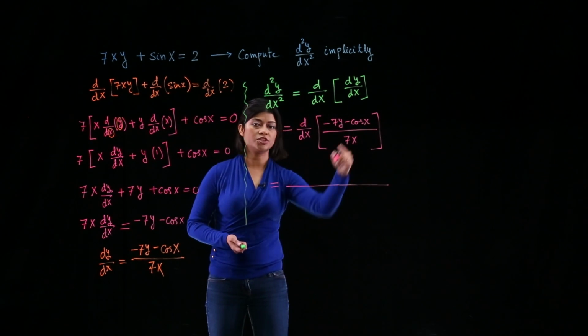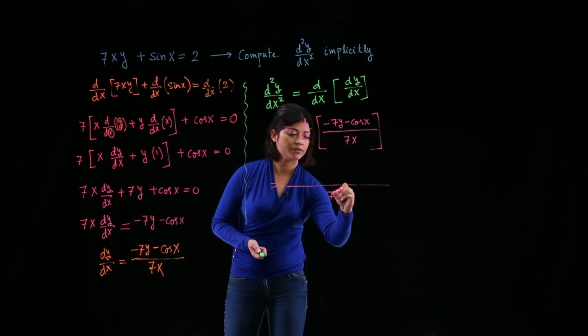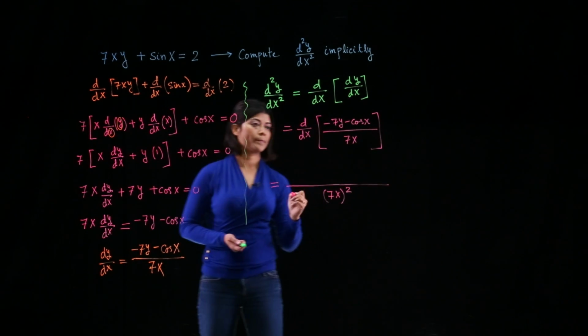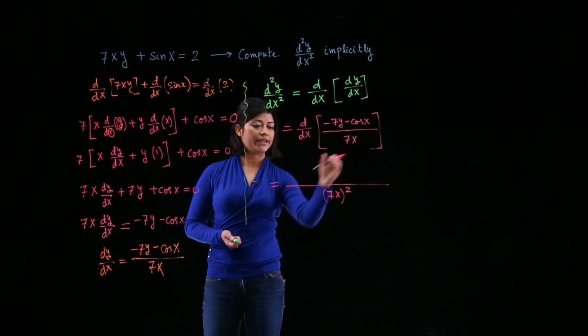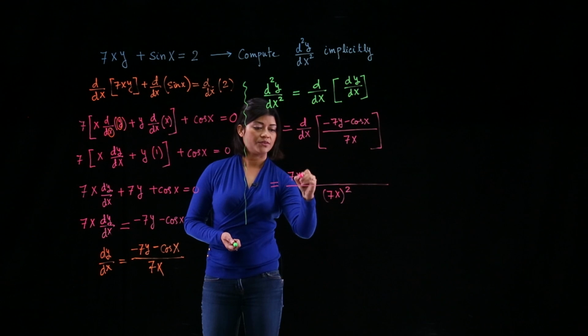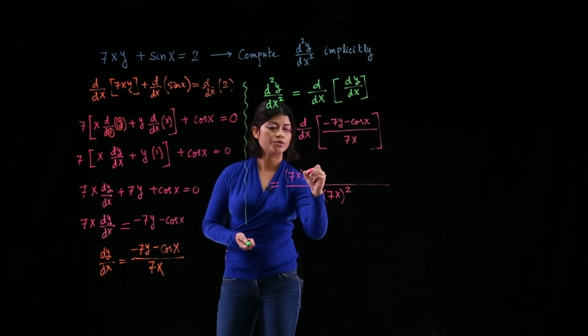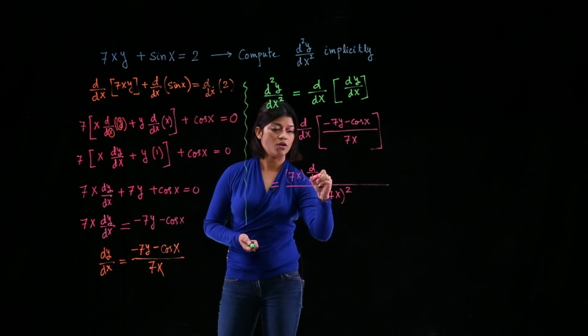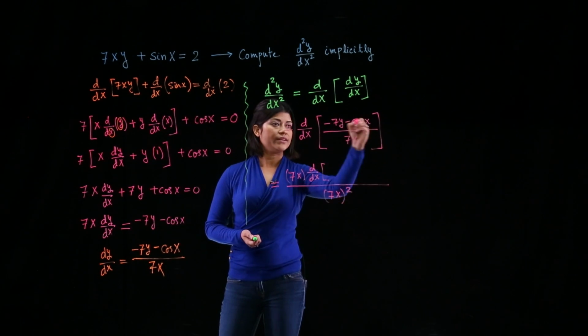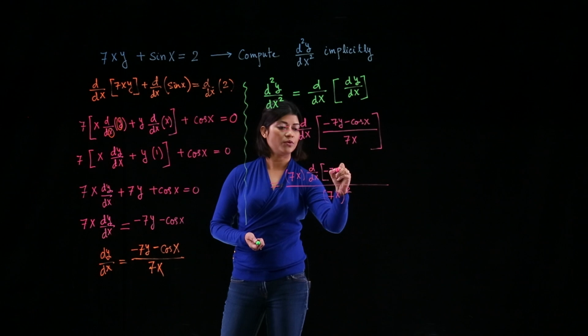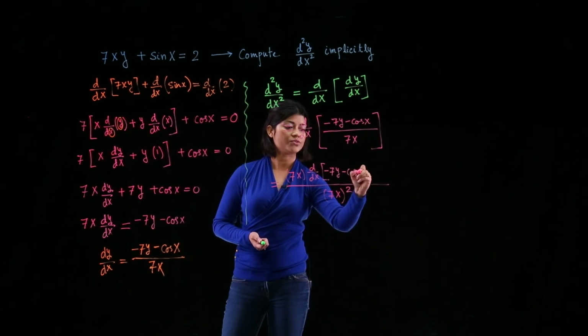Okay, so denominator gets squared. In the numerator, you take 7x and write it as it is, and then you have to take the derivative of the numerator. So d dx of the entire numerator, negative 7y, negative cosine of x.